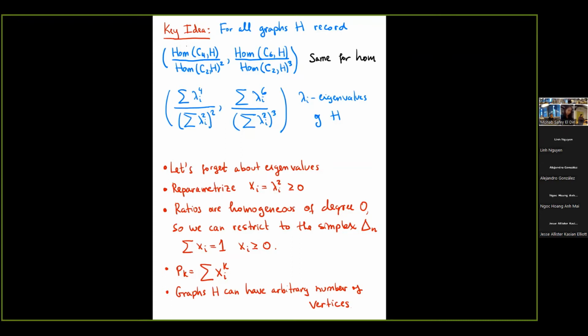Again, for every graph H, I record the number of 4-cycles, if you count them properly, divided by the number of edges squared, and then 6-cycles divided by the number of edges cubed. Any questions?